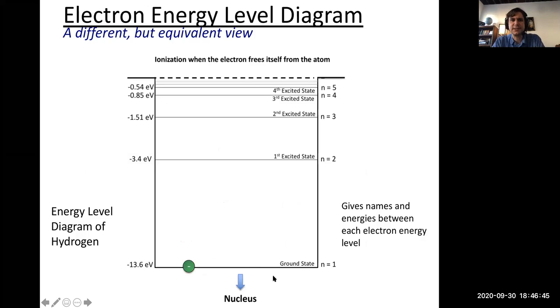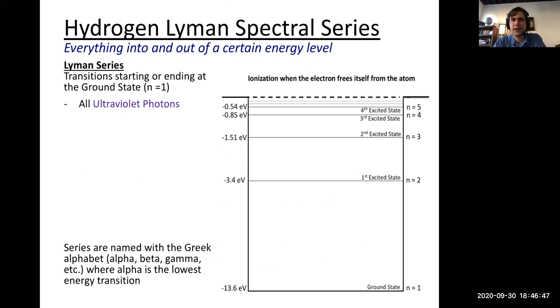Hopefully now you have a sense of what's going on in this energy level diagram, because I want to use it to start mapping out all the possible photons that the hydrogen atom can interact with in a systematic way. Let's start from the ground state, and let's move them up.